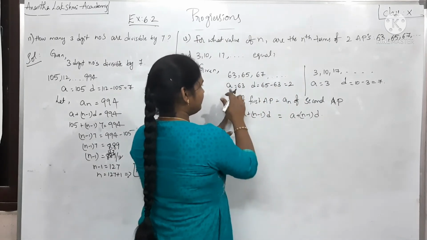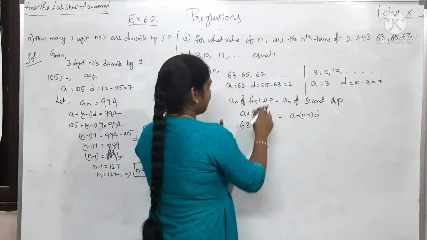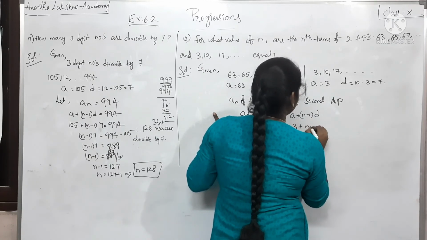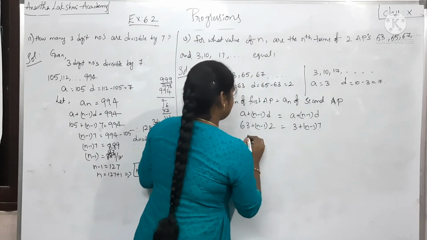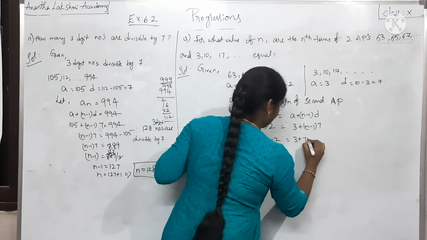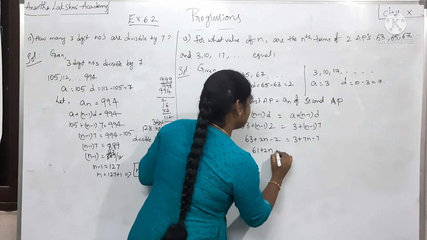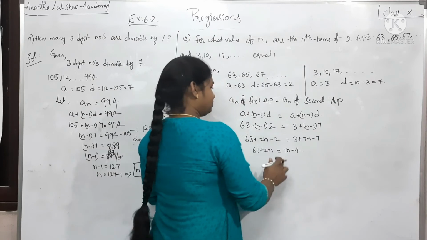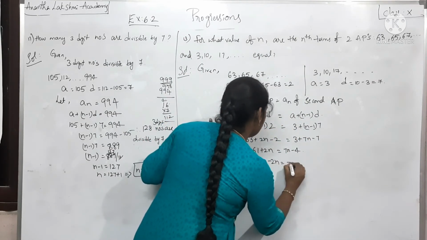For the first series, this is 63 plus n minus 1 into 2 is equal to 3 plus n minus 1 into 7. 63 plus 2n minus 2 is equal to 3 plus 7n minus 7. 63 minus 2 is 61 plus 2n is equal to 3 minus 7 is minus 4, plus 7n. Now, I'm taking this 2n to the other side.